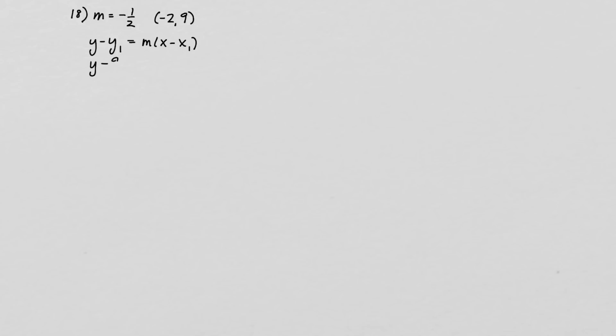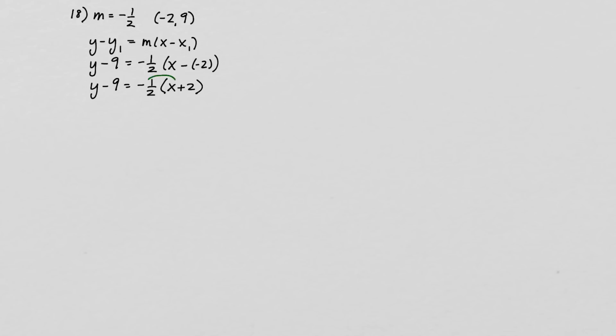So y minus 9 is -1/2 times x minus -2. So y minus 9 is -1/2 times x plus 2. So I just simplified inside those parentheses first.